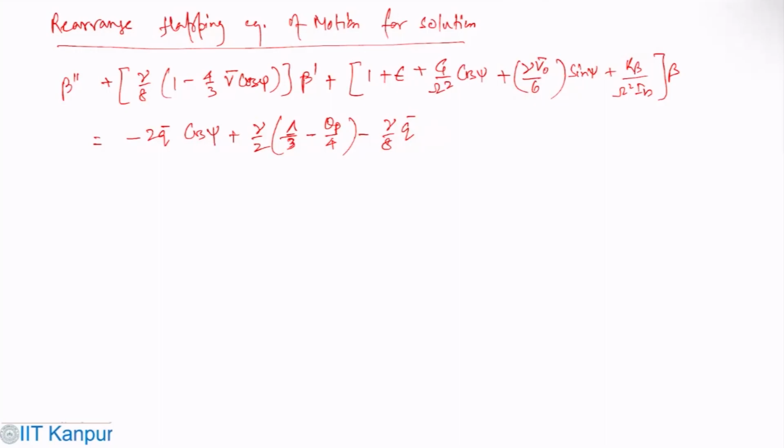So gamma by 8 q bar sin psi minus cos gamma by 2 b 2 plus 2 theta by 3 k nu s q bar by 4. Okay, so this is v bar.